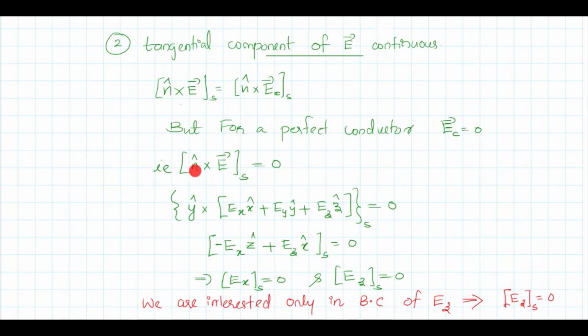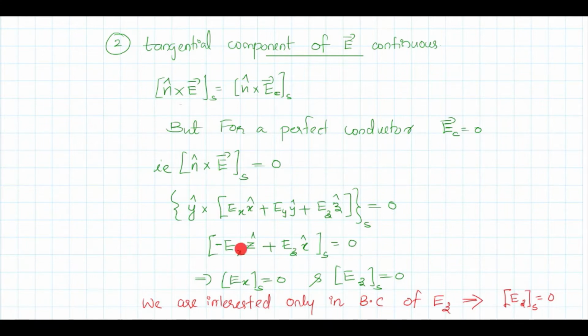What is n cap? Again it is y cap cross Ex x cap plus Ey y cap plus Ez z cap at surface equal to 0. Y cap cross x cap is minus z cap. Y cap cross y cap is 0. Y cap cross z cap is x cap. So it is minus Ex z cap plus Ez x cap at surface equal to 0.